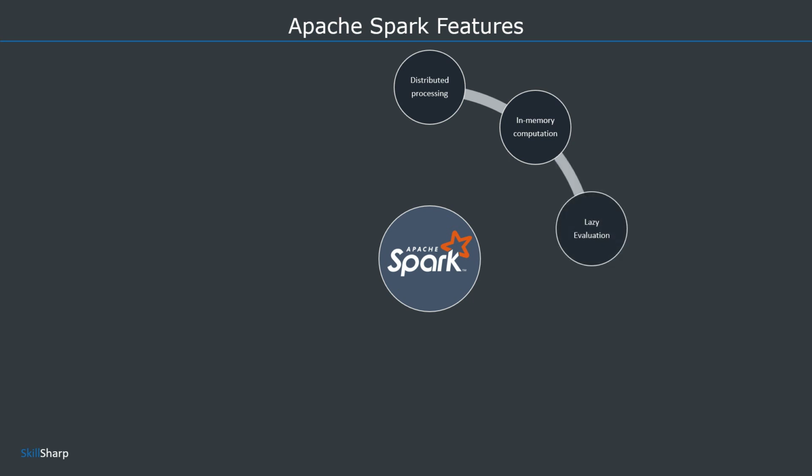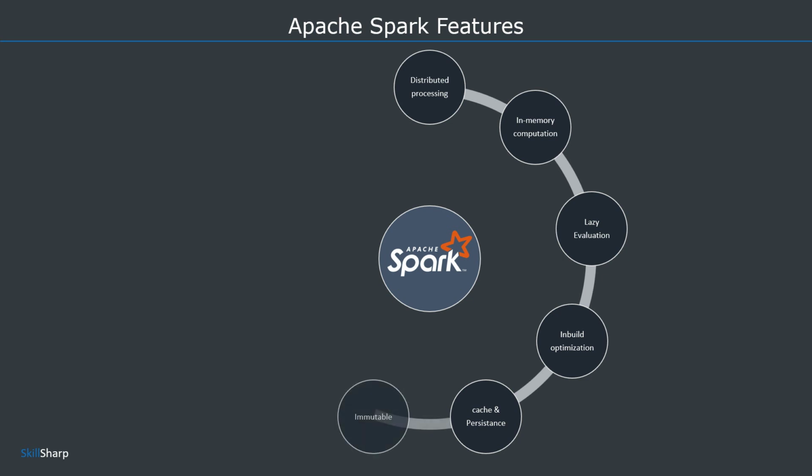Then lazy evaluation. We will see what lazy evaluation is in detail in upcoming lectures. After that, it provides inbuilt optimization for your SQL queries or DataFrames. Then cache and persist is again one feature provided by Apache Spark to make your data processing faster.